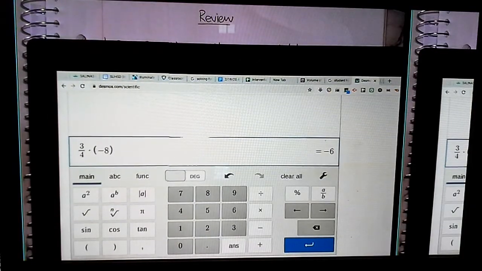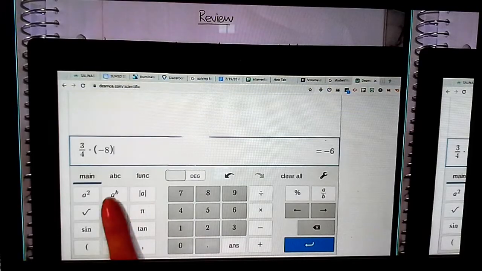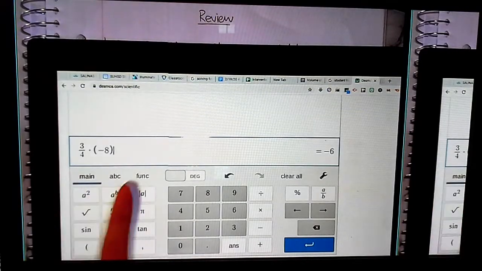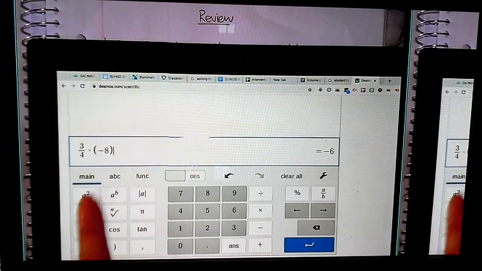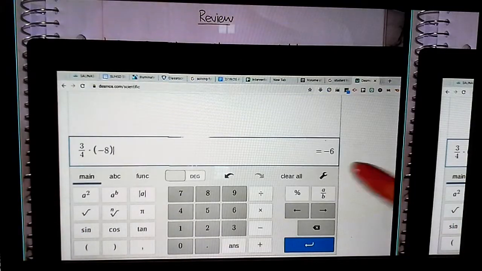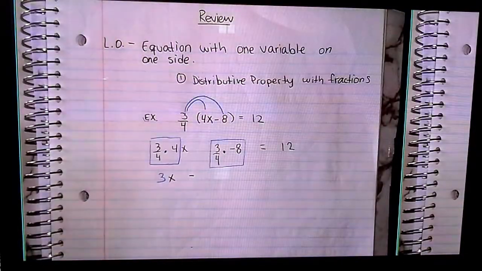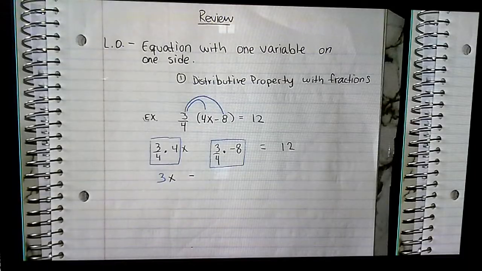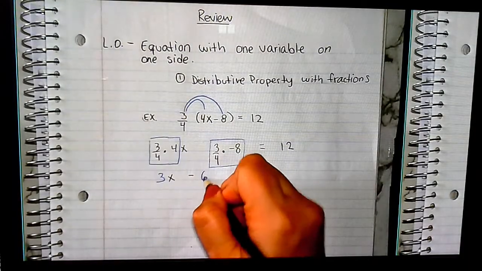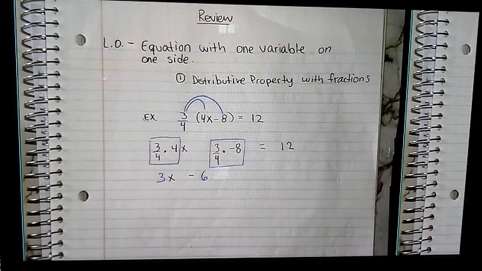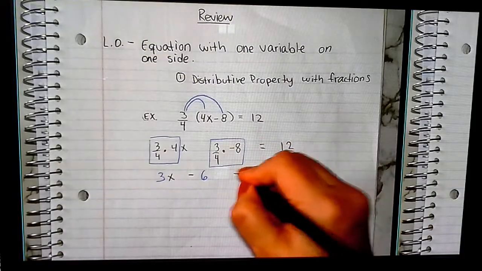What it's doing really is taking negative 8 over 1 and multiplying it across. So it gives me negative 24 divided by 4, which is a negative 6. So let's go ahead and write that down. So this is a negative 6, which we already have the minus, and then we still have equals 12.